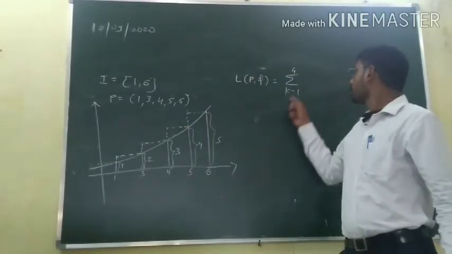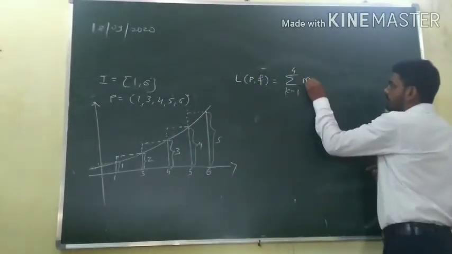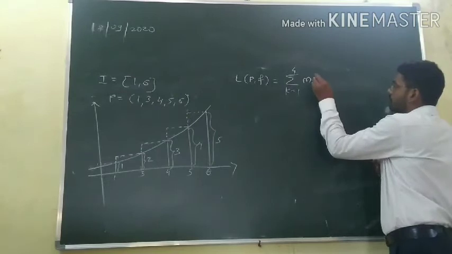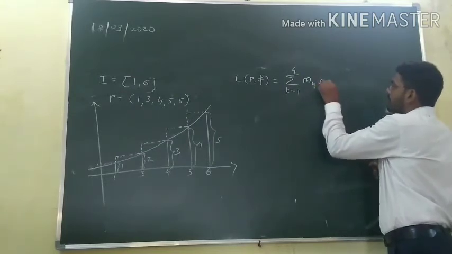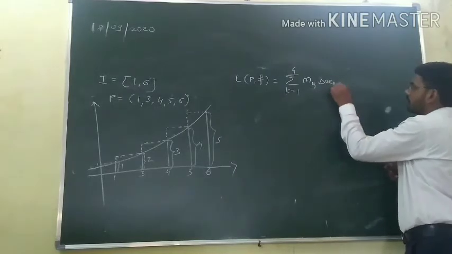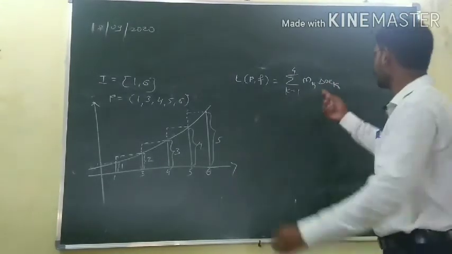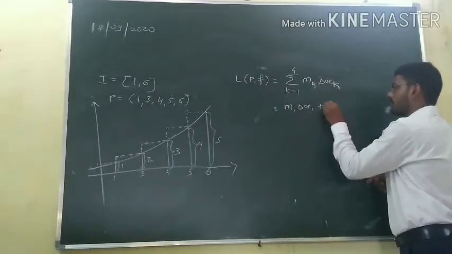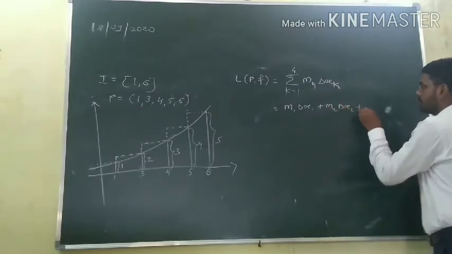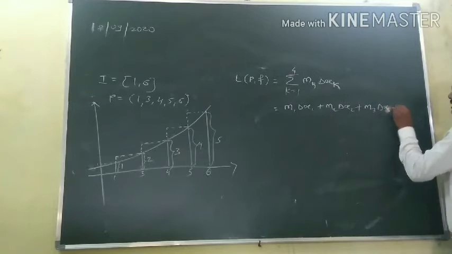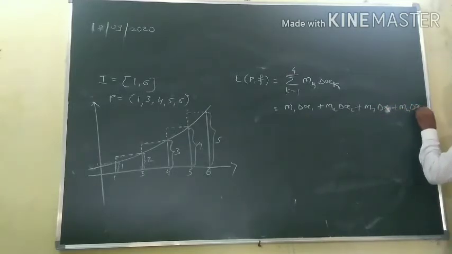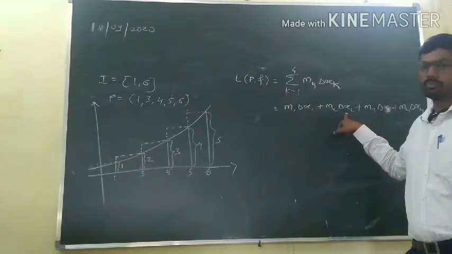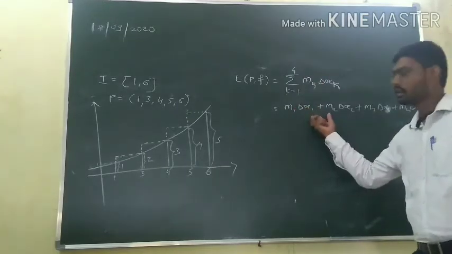So k is equal to 1 to 4 of the greatest lower bound, that is small mk, into delta xk, that is the length of the kth subinterval. We can write this as m1 delta x1 plus m2 delta x2 plus m3 delta x3 plus m4 delta x4. We have written this in the summation notation, and this is our usual notation.